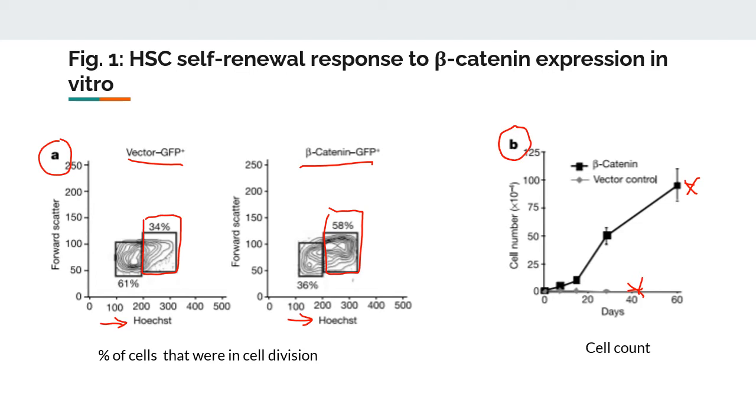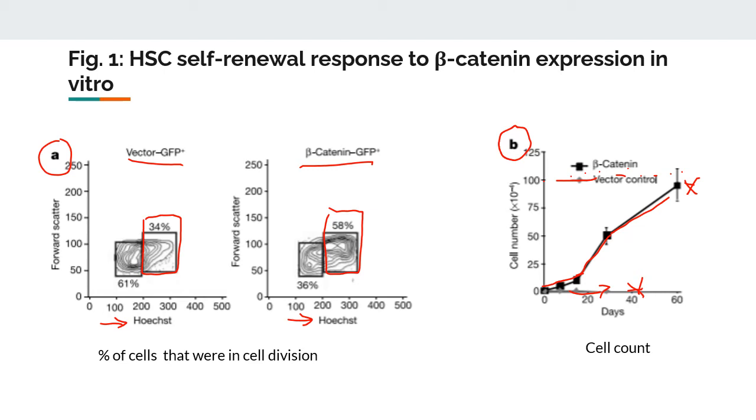So as you can see here, vector control had very little to no cell count over the number of days, whereas beta-catenin actually increased as it continued to day 60, and it appears to be almost 100 times more than vector control.